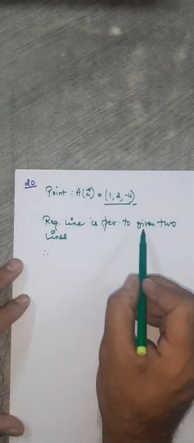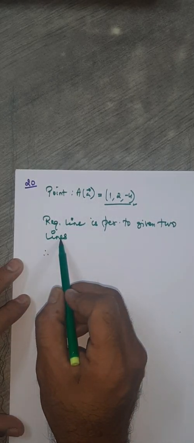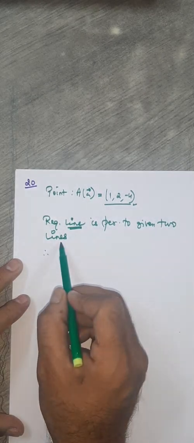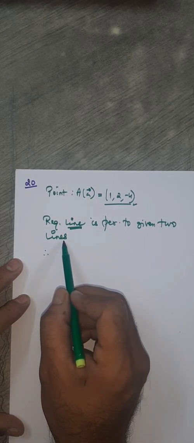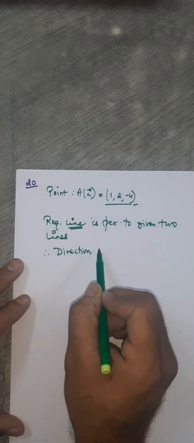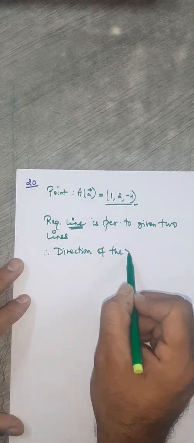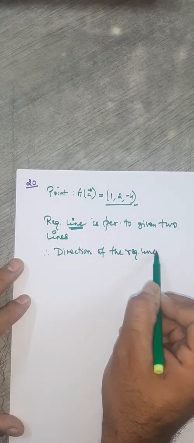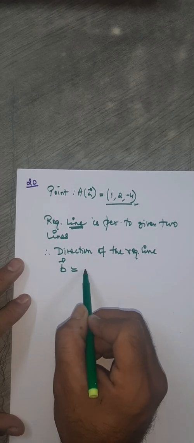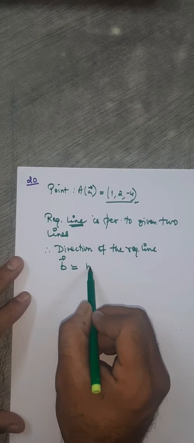Now again you have the directions of the given two lines. So the direction of the required line must be perpendicular to the directions of the given two lines. Therefore, the direction of the required line, which I call vector b, is given by the cross product of the directions of the given two lines.